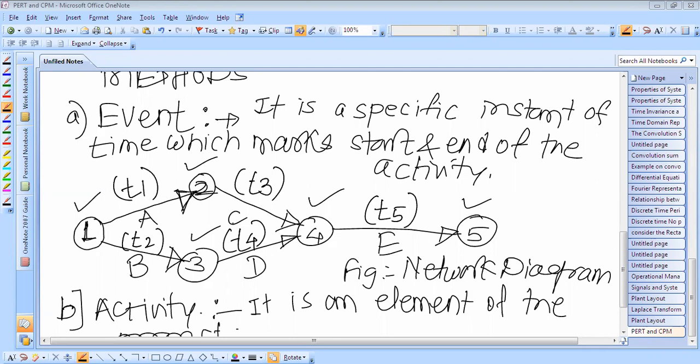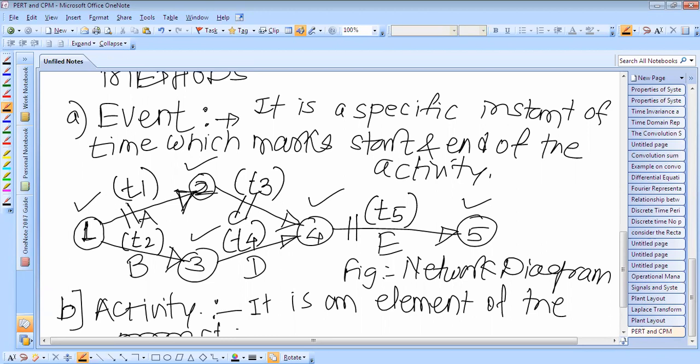Therefore, the critical activities are A, C, and E, which we show in the diagram. For example, we will consider this activity as taking more than the estimated time.